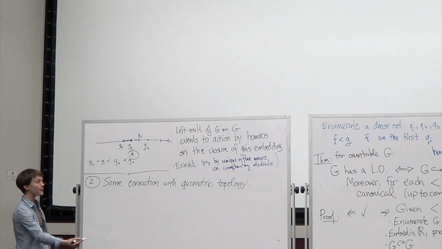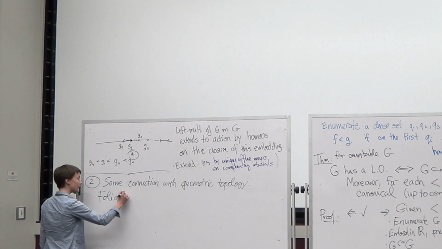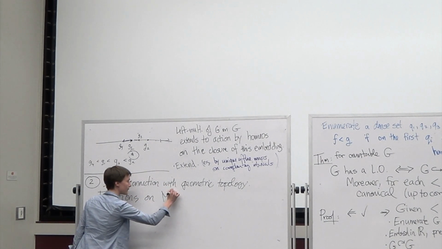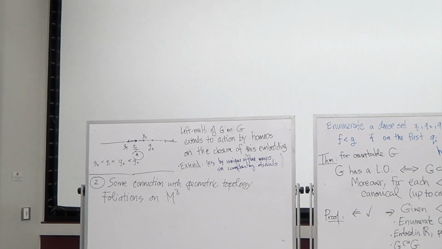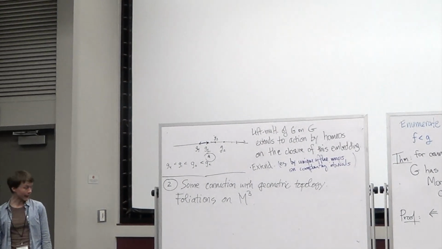And this comes from the study of foliations on three-dimensional manifolds. So what's a foliation on a three-manifold? A codimension one foliation is the example I'll be looking at.